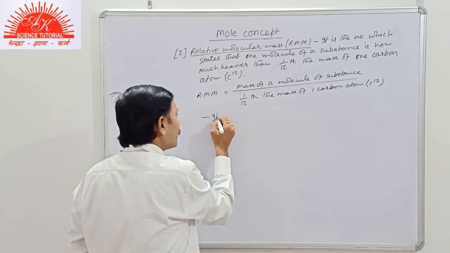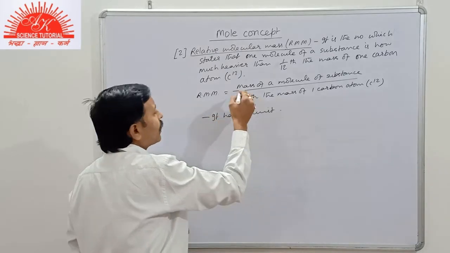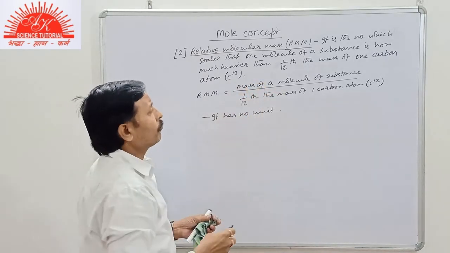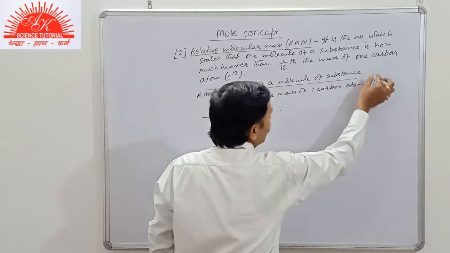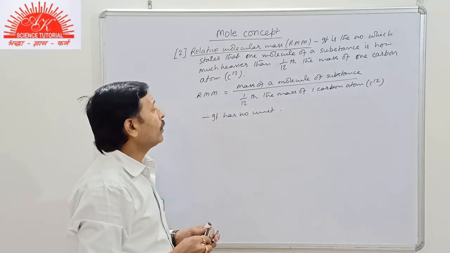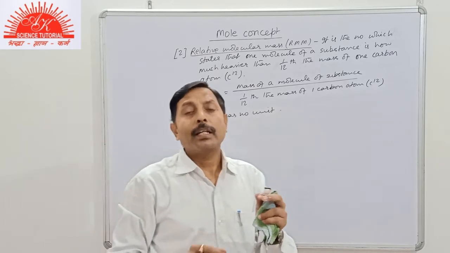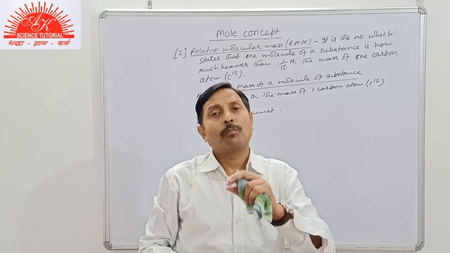Now it has no unit. Again, the reason is the same. This is the ratio of similar quantity, mass. So if it is written in gram, the gram will be cancelled. So RMM will have no unit. It will be written as a number directly, or you can use AMU or simply u.